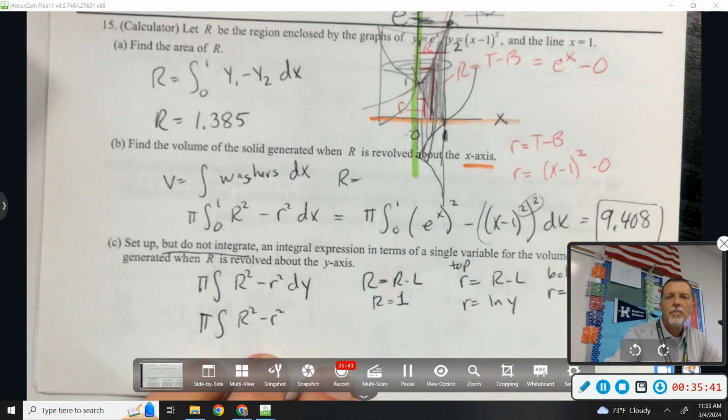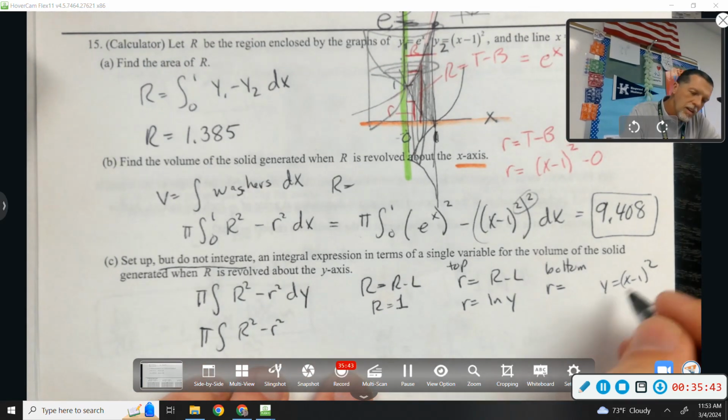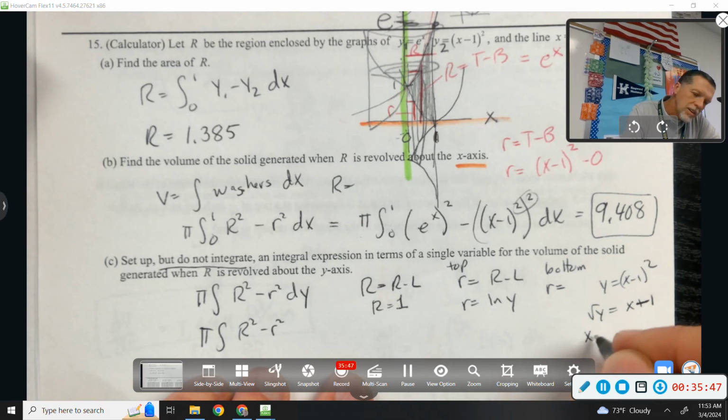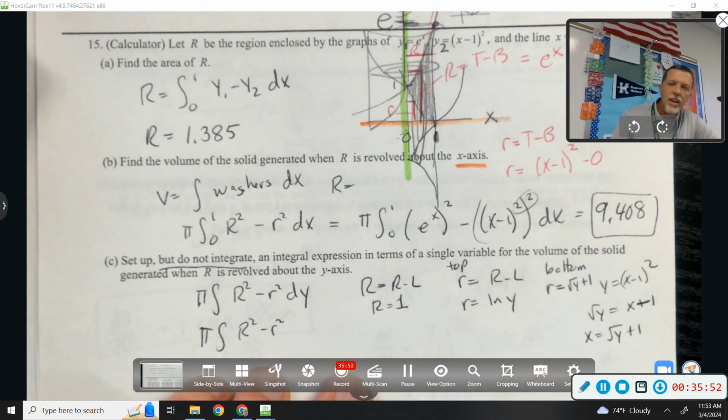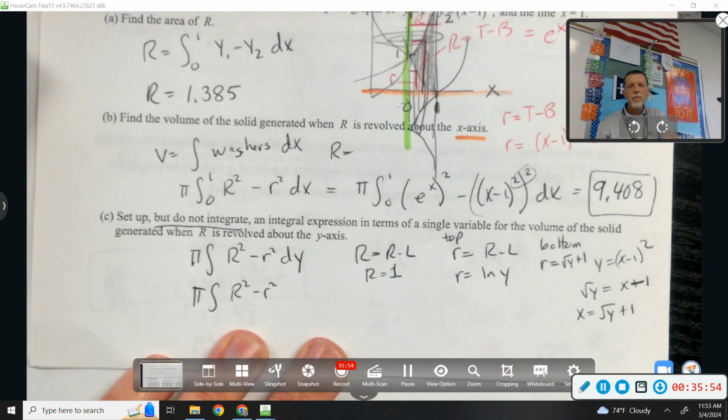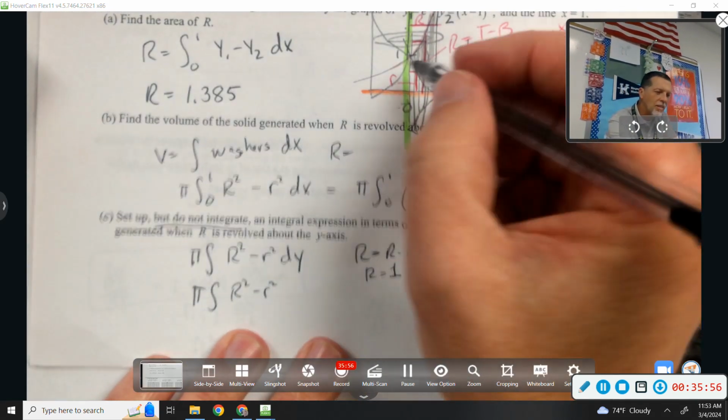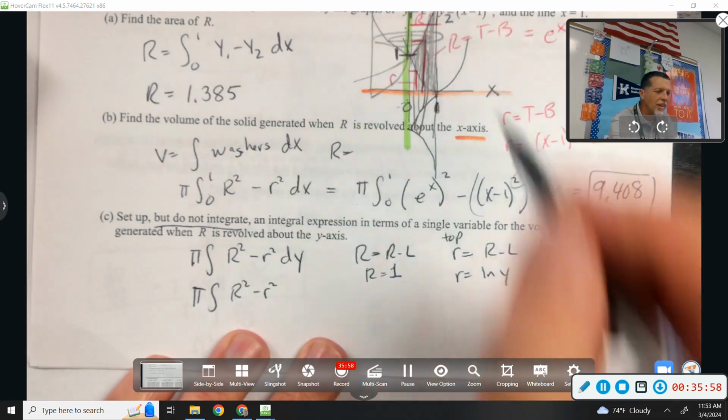Got to clean that up. So square root of y equals x minus 1, so x equals square root of y plus 1. Yuck. And that change happens at 1. That's where they intersect right there.